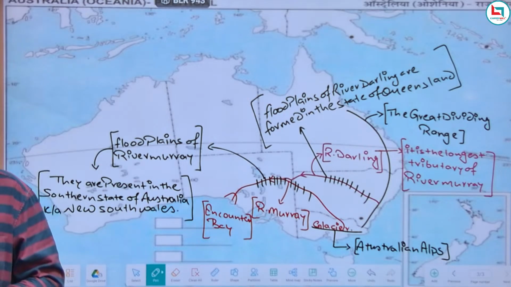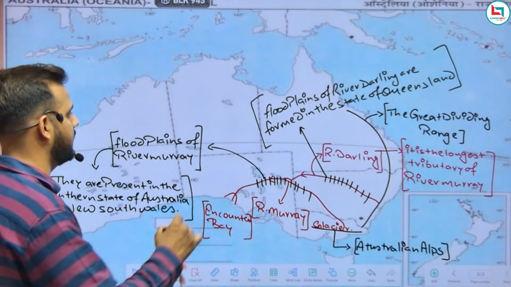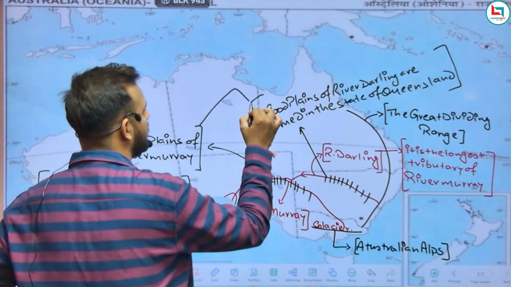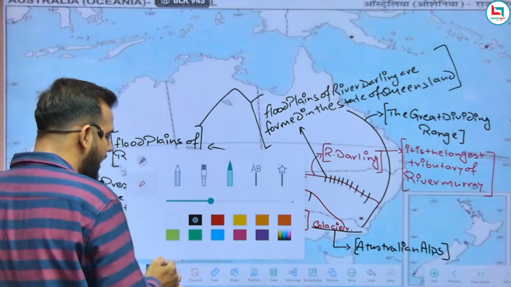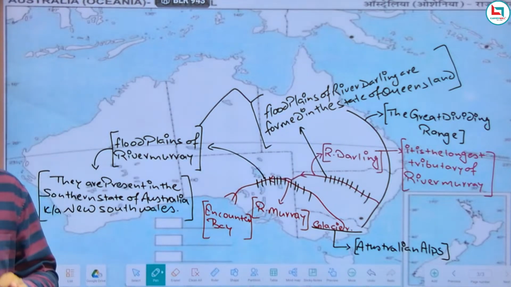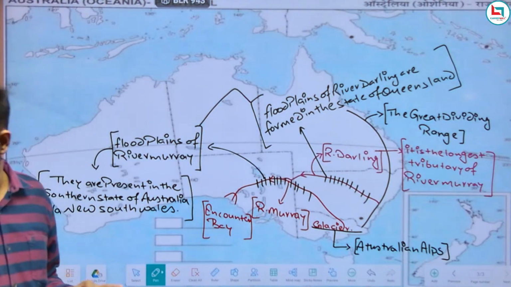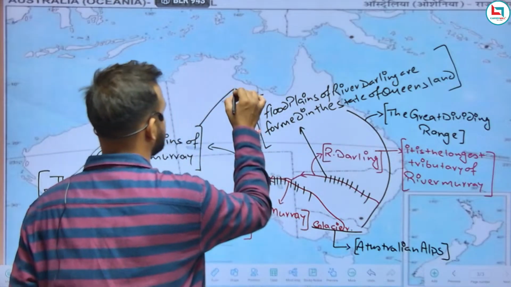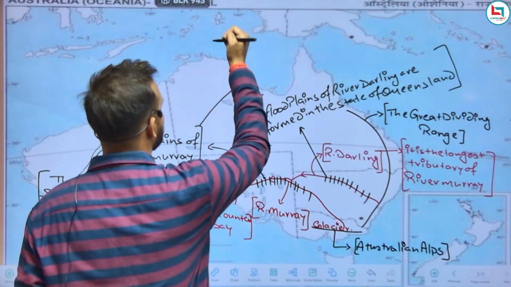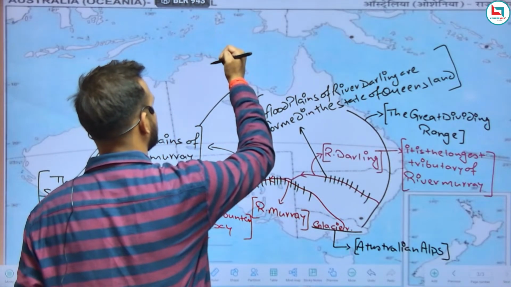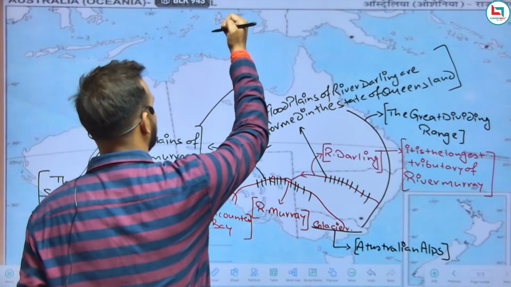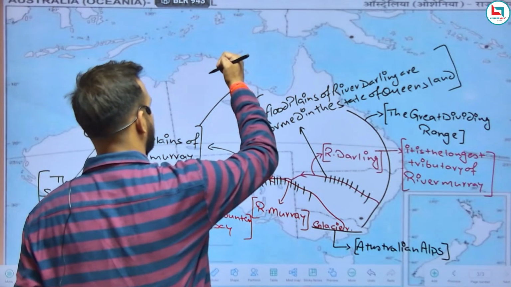Guys, these floodplains combined are known as the Eastern Australian Plains.